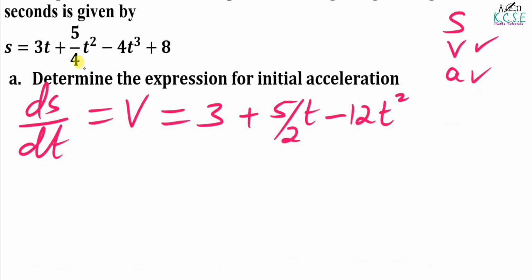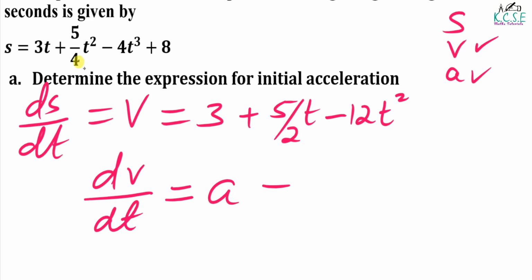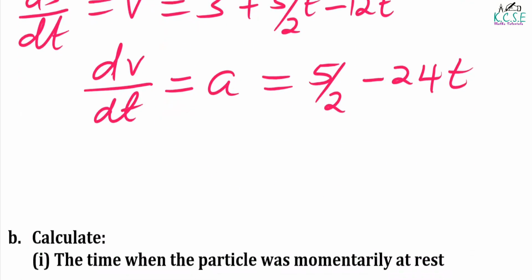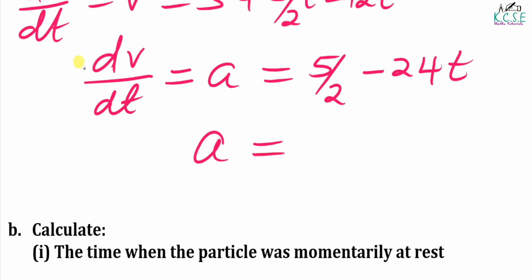So v is given by 3 plus 5 over 2t minus 12t squared. We now get dv/dt, that is differentiating velocity with respect to t, and this gives acceleration. Differentiating this v, we get 5 over 2 minus 24t, and therefore the expression for acceleration is 5 over 2 minus 24t.